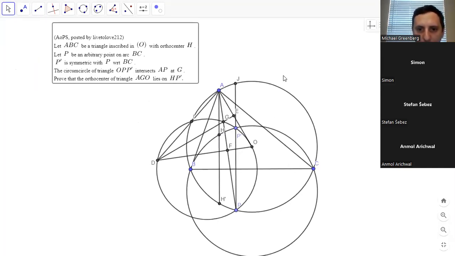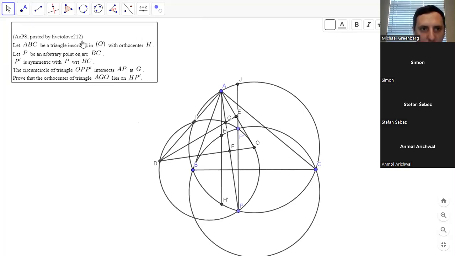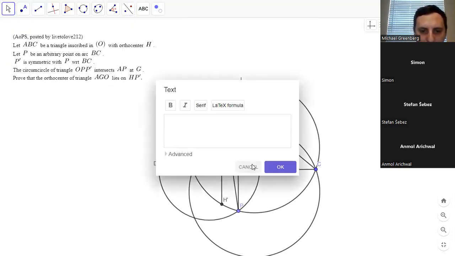Okay. So I'll say, yeah, G we've defined in the problem.